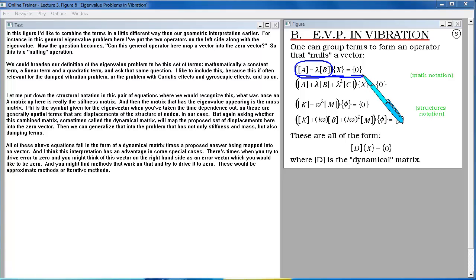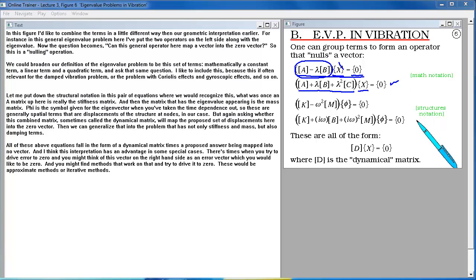So this is a nulling operation. We could broaden our definition of the eigenvalue problem to be this set of terms, mathematically a constant term, a linear term, and a quadratic term, and ask that same question. I like to include this because this is often relevant for the damped vibration problem or the problem with Coriolis effects and so on.